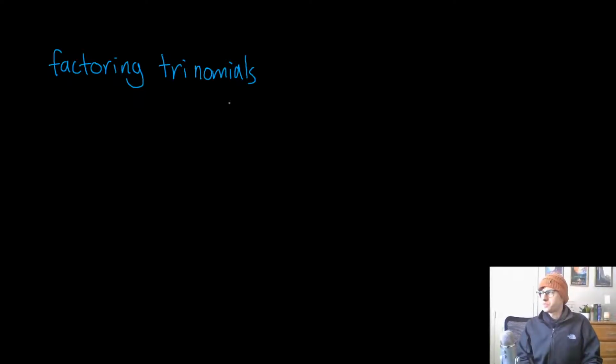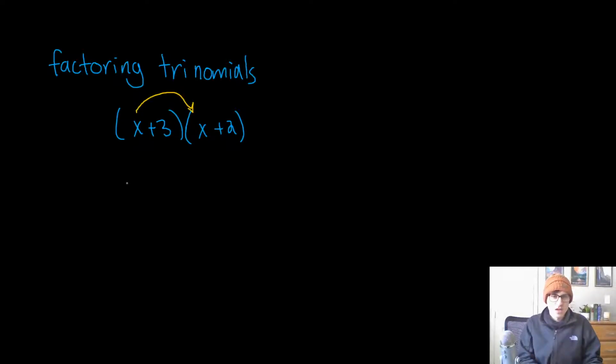So, here's something that you've seen in the past, or at least you should have. Something like this, x plus 3 and x plus 2. How would you multiply these two things together? Well, hopefully you would remember that we're distributing this first term to the second term, and so that means we need to multiply x times x and get x squared.